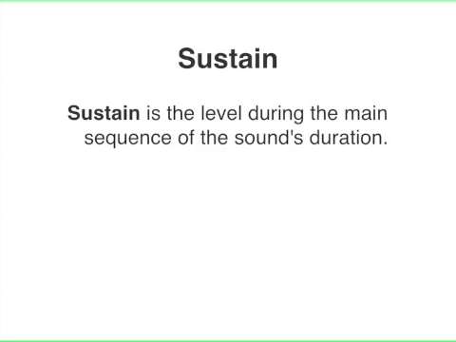So I hit that note. First it goes up to the peak with the attack, then the decay takes it down to sustain, and then the sustain is essentially the way it's sounding for the duration of the amount of time it takes for the sound to continue to travel.